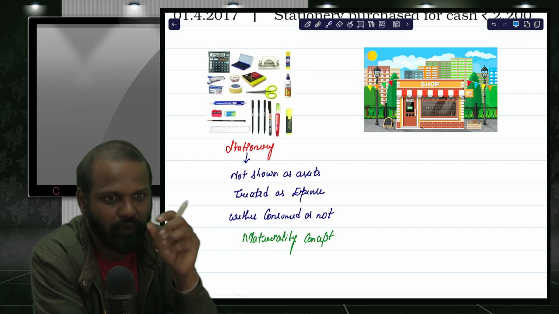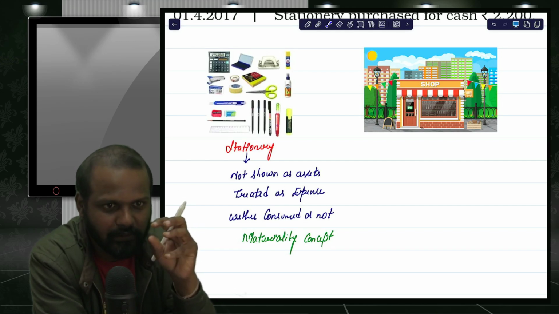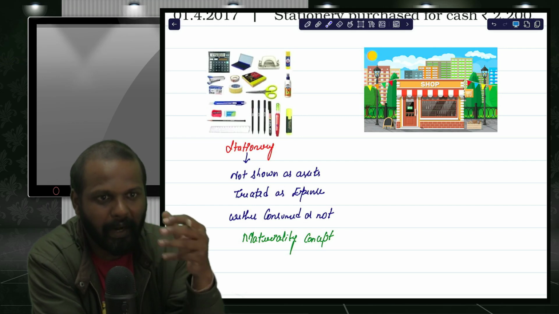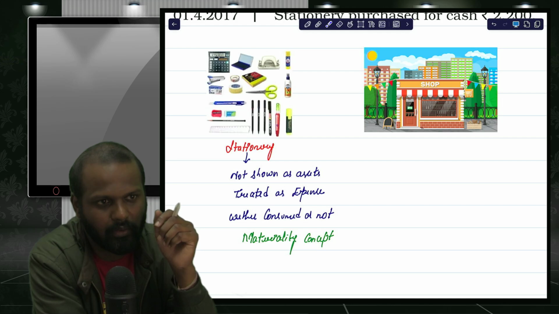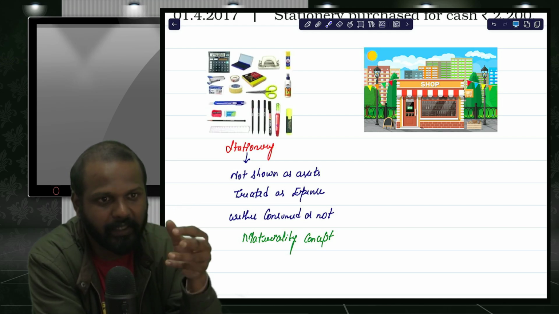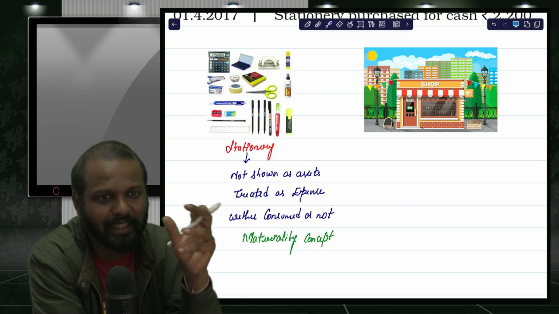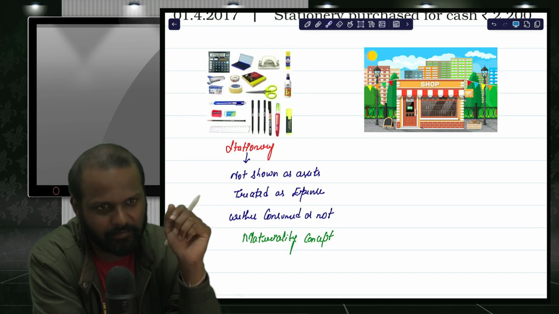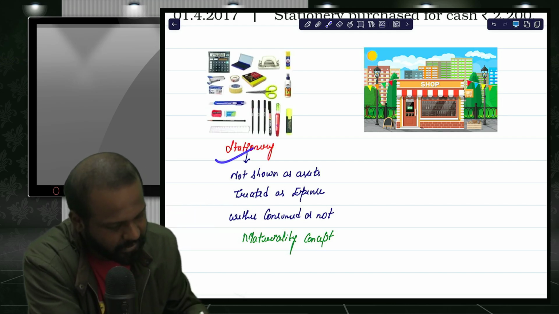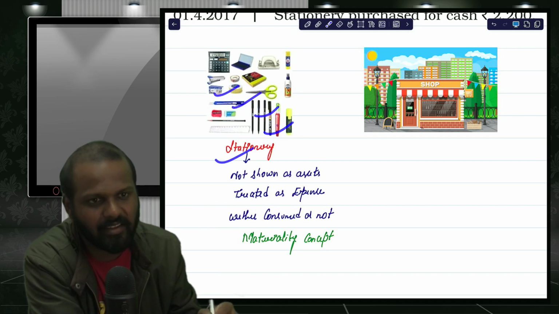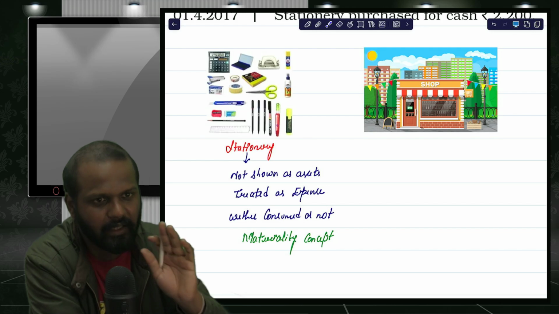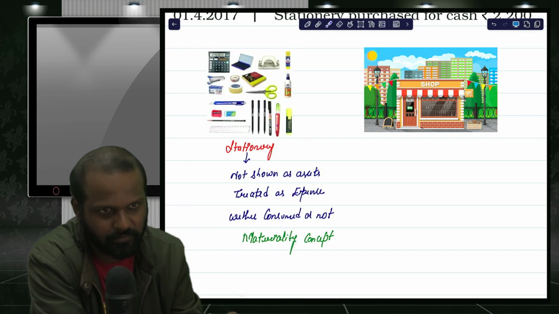Materiality means significant. Those things which impact the decision of the shareholders and investors are called significant, material. Those which don't matter much are called insignificant, immaterial. The stationery and all are small, insignificant things, so don't treat them as an asset, treat them as an expense.